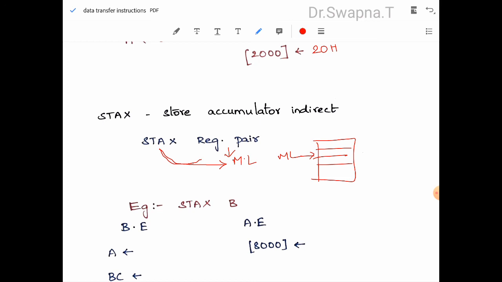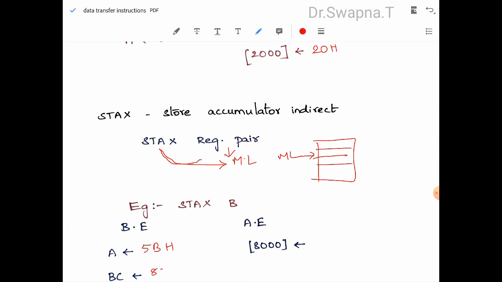So let's see the example. STAX B. B indicates, because it is a register pair, B and C. So before execution, let the contents of the accumulator be some 5BH. And the registers B and C carry the memory location address.